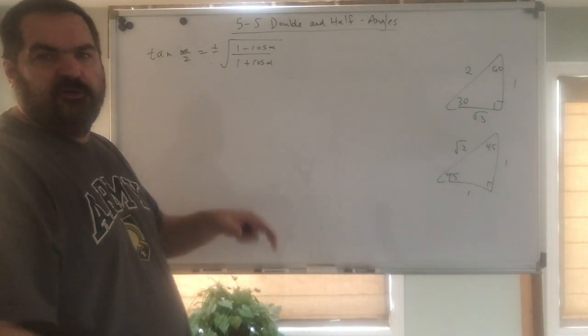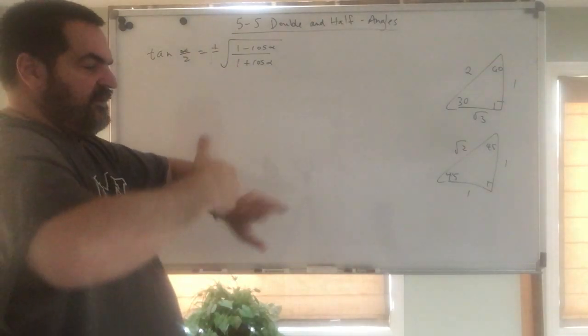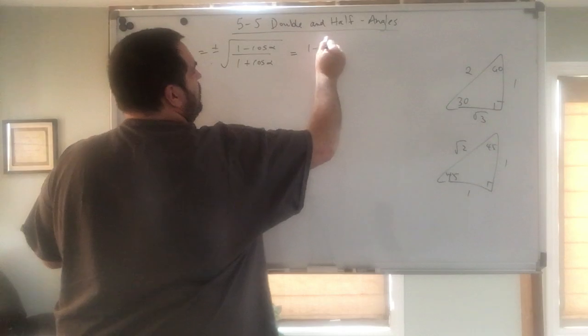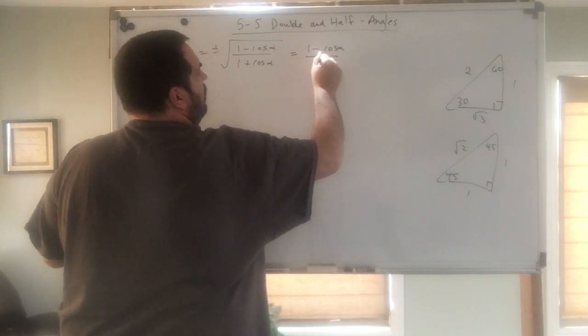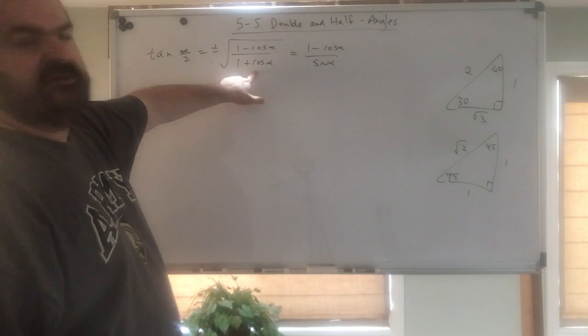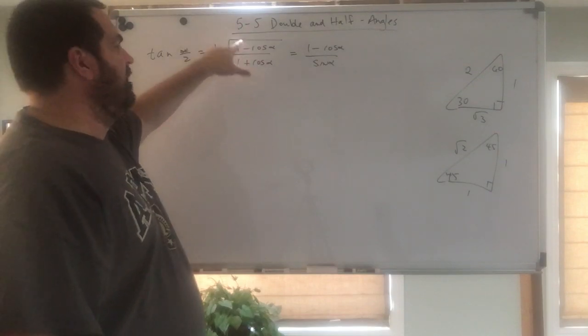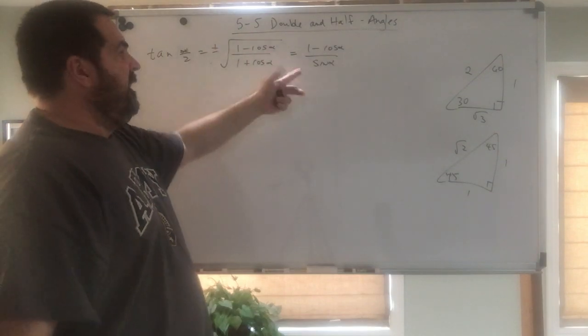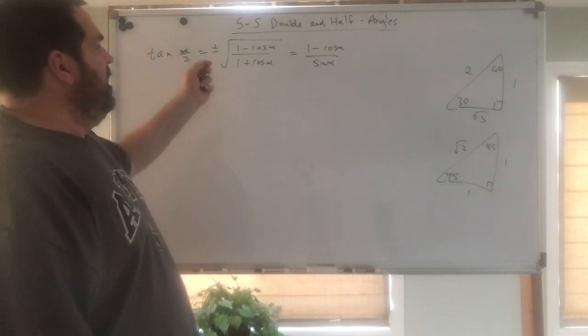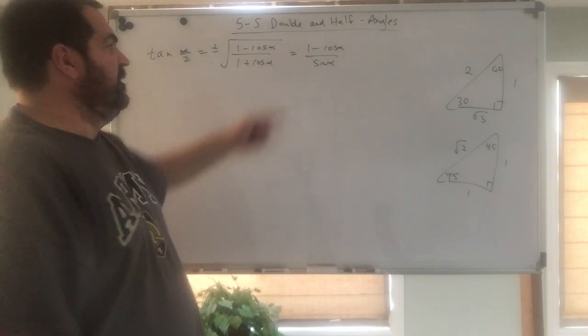Remember, a tangent is sine over cosine. So if you took the sine over the cosine, flipped it over, you get this equation. But there are some better ones. We can actually multiply by the conjugate inside of 1 minus cosine and clean up. We get this. And it eliminates this plus or minus choice that I don't want to deal with, and eliminates the radical. So I would use this all day long.